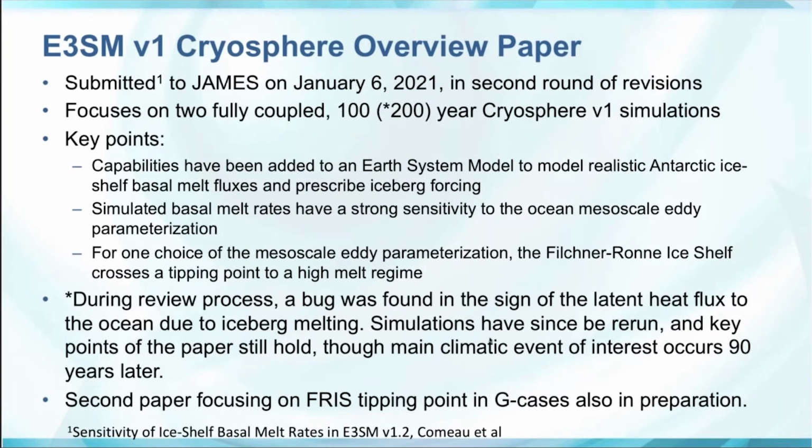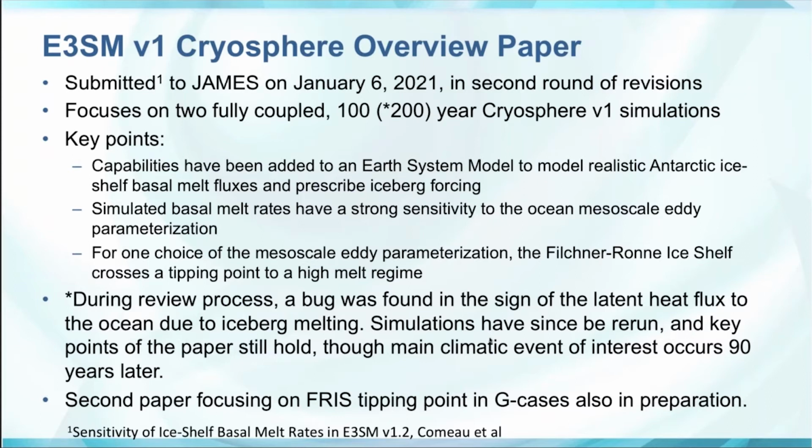So our cryosphere overview paper for these B cases, we submitted to JAMES on January 6th of this year. It's currently in its second round of revisions, and this focuses on two fully coupled, originally 100-year simulations that we've recently extended to 200 years, which I'll talk about in a minute.